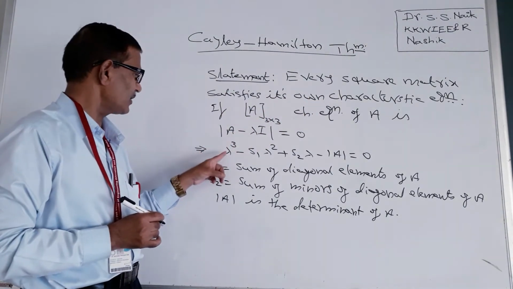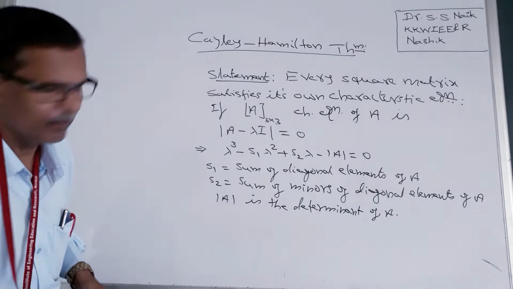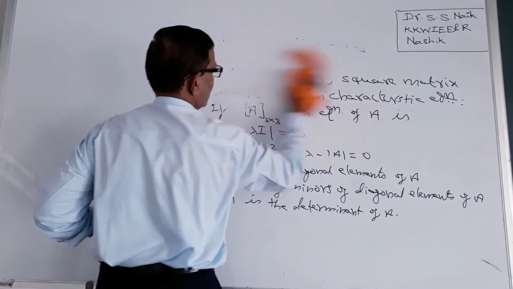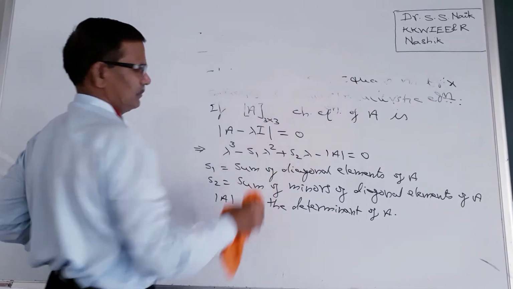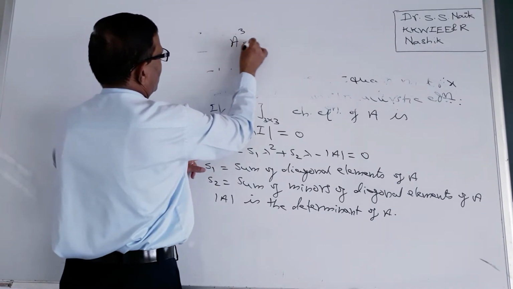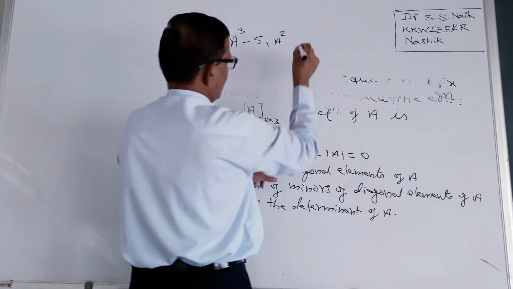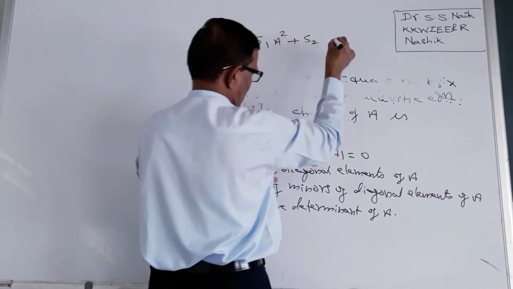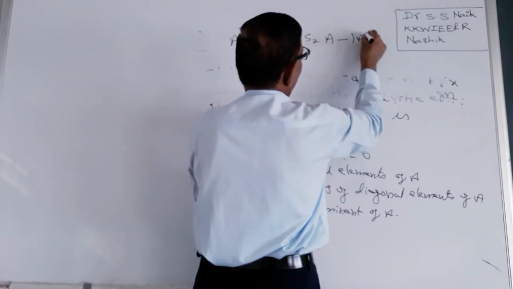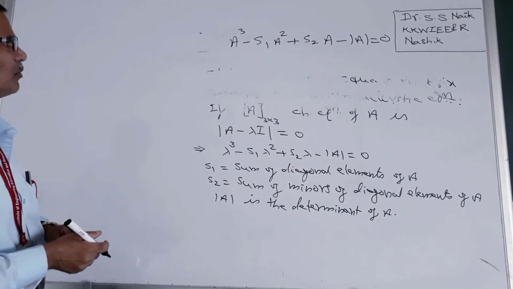That means lambda is replaced by A. So the Cayley-Hamilton theorem in the form of that equation becomes A cube minus s1 A square plus s2 A minus determinant of A into I is equal to 0.